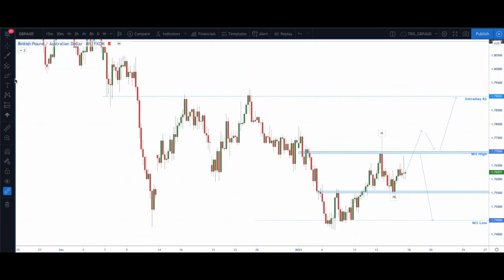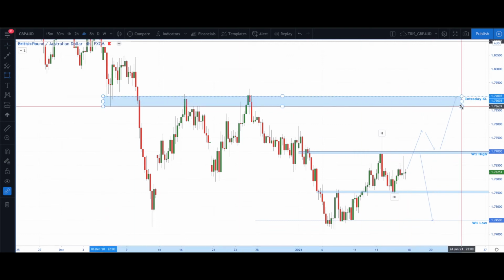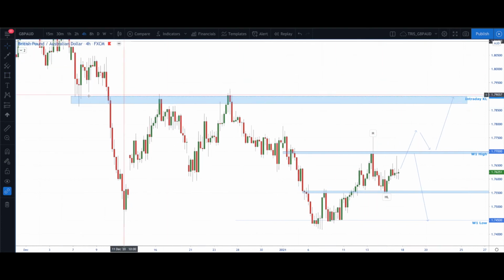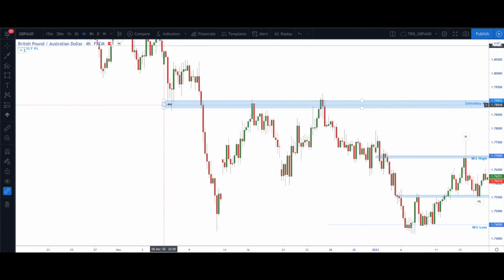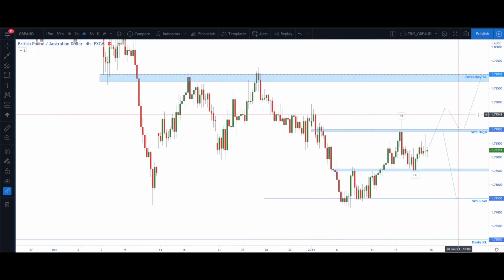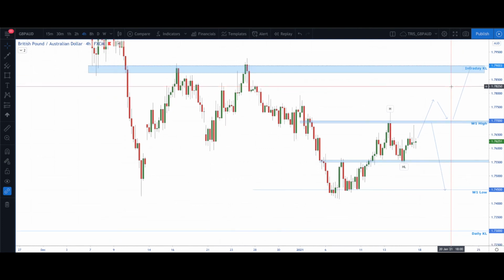This is a really important resistance area for the pound Aussie. You can see multiple rejections here. Back in December 2020, we were finding support here, broke through, came back up, retested here. So that's another potential area for price to tap into.